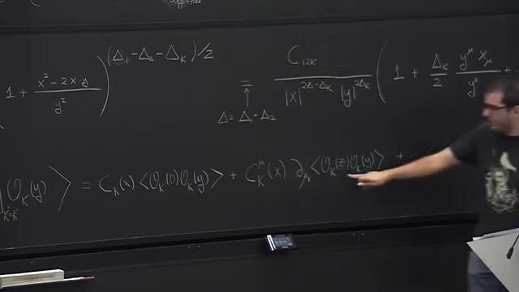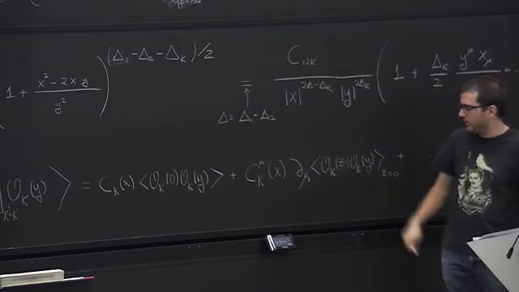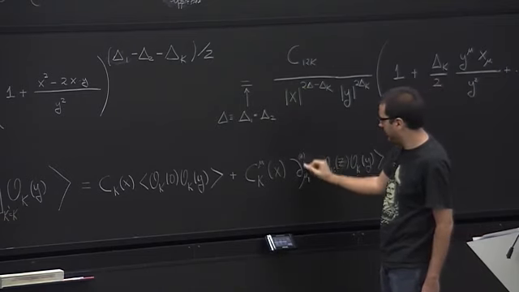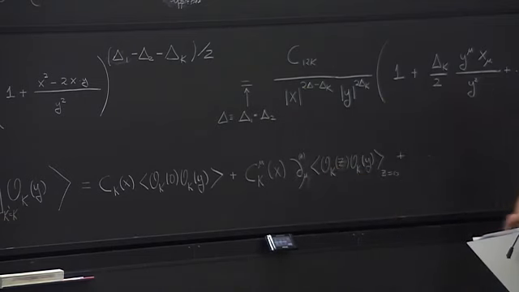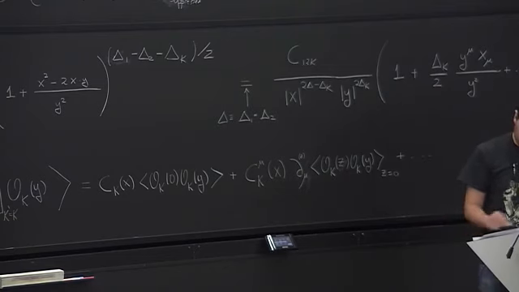Just a derivative, but for the derivative of an operator, I can just compute the correlation function and take the derivative with respect to z. So this derivative here is with respect to z. Plus dot dot dot. Okay?